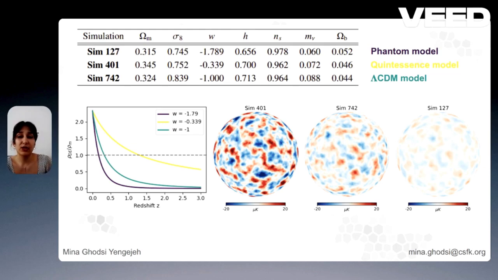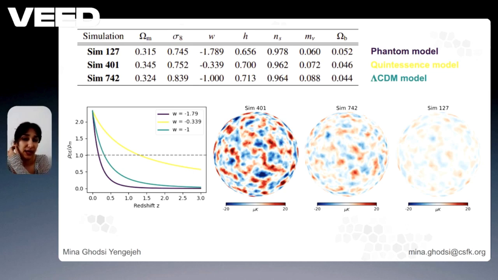We created maps for 777 simulations, but we have 3 representatives, and because you will see these 3 representatives everywhere from now on, I would like to talk about them. Simulation 742 has a w equal to exactly -1.